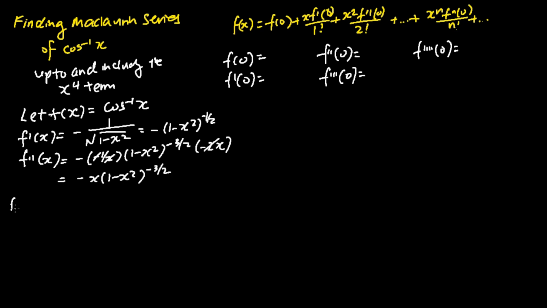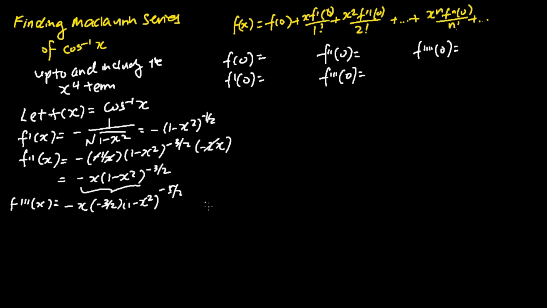After which we will find f triple prime x. This is by doing the product rule of differentiation. First, keep the negative x, and then we differentiate 1 minus x squared to the power of negative 3 over 2. We get the following, which is negative 3 over 2, 1 minus x squared to the power of negative 5 over 2.